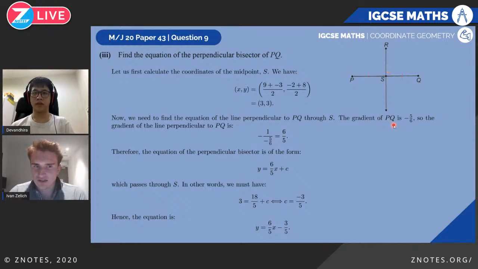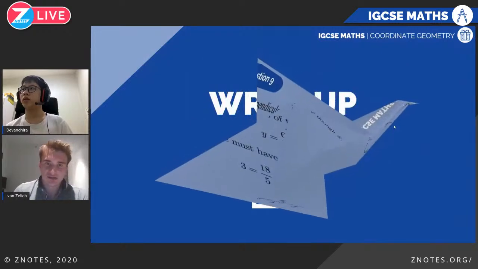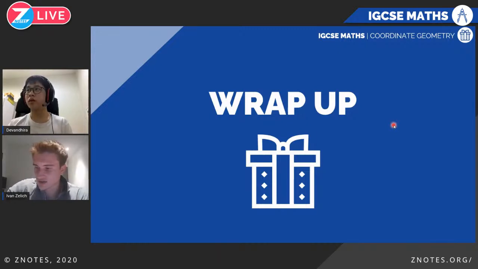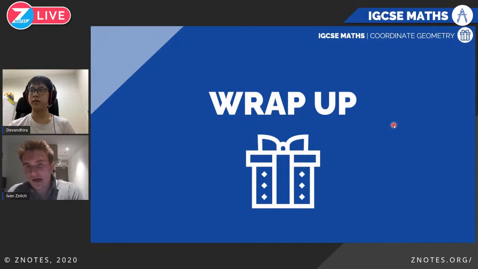I will just say that as the first important thing, the product of the gradients of two perpendicular lines is -1. We saw that coordinate geometry is basically just substitution and solving equations that we've been doing, but in geometric scenarios.